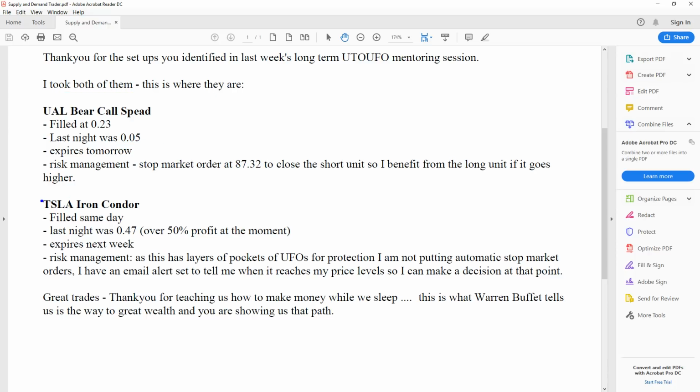The Tesla Iron Condor filled the same day as well. Last night it was at 47, which means that this trade has already produced 50% of the profit and it expires next week. So of course, we still have a little more time risk because the expiration date is a little further. But also the amount of premium collected was much greater compared to the United Airlines Berkov spread.